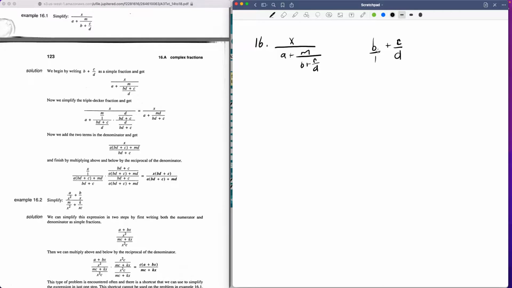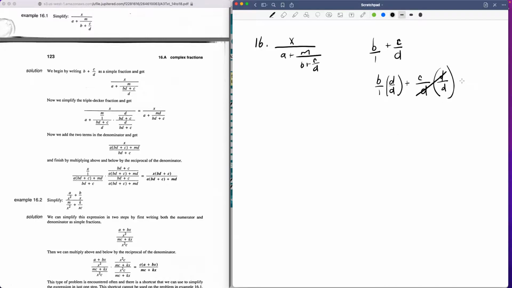And when we do that, we get b over 1 times d over d plus c over d times d over d. All right, so these right here would factor out.